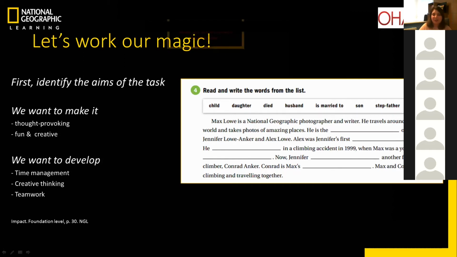And keeping in mind soft skills, you want to develop students' time management skills, creative thinking, and teamwork. So many things. What can you do? What activities can you suggest? Be ready to share your ideas. If you have an idea to share, you can switch on your microphones.